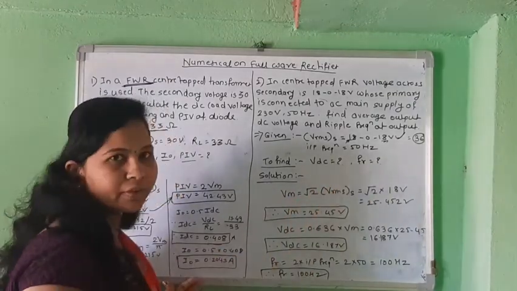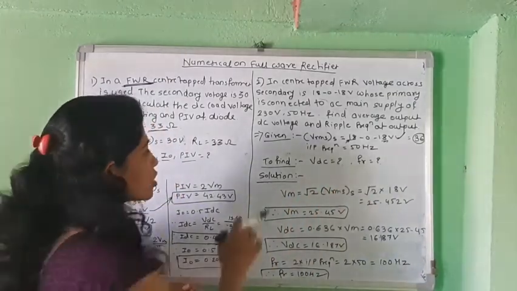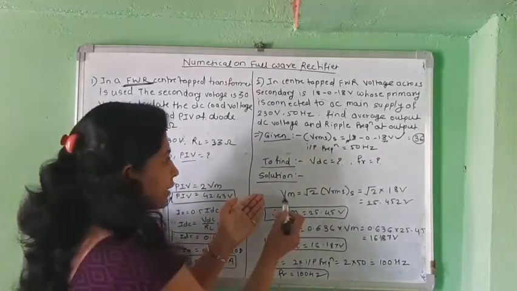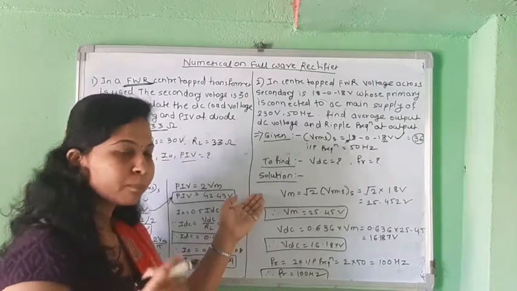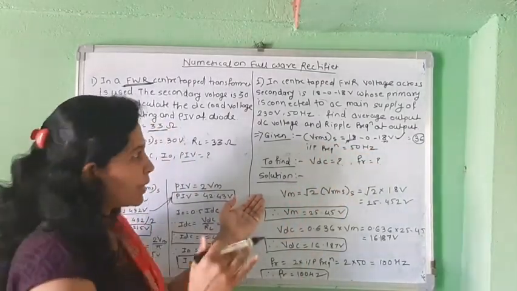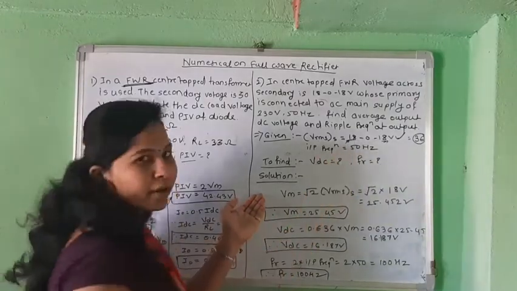VDC and ripple frequency. Okay, so the solution. Now you can understand why we take only VM here: because they give us the voltage in split form, 18 for the upper half and 18 for the lower half.